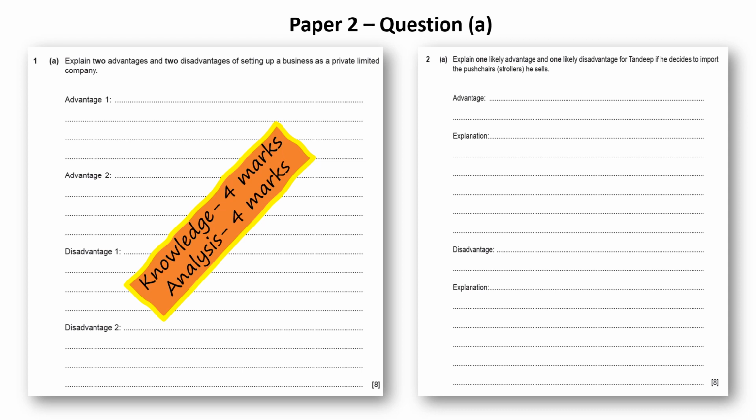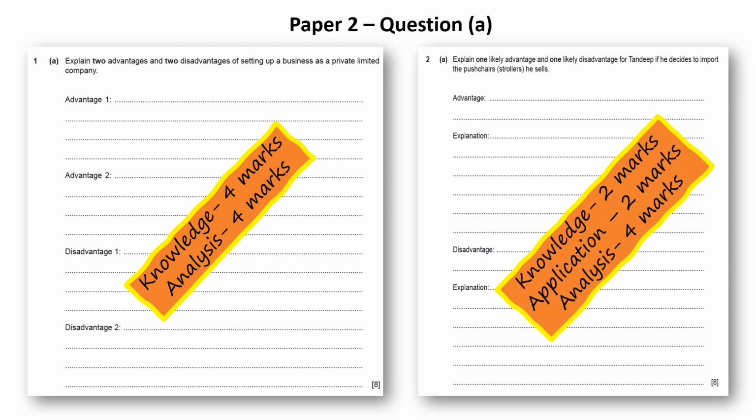For the advantage, the mark allocation is 4 marks, and for the disadvantage is again 4 marks. And the skills being assessed, again, knowledge 2 marks, application 2 marks, and the analysis part is 4 marks. Here, you will have to use the case study to gain the 2 marks application.